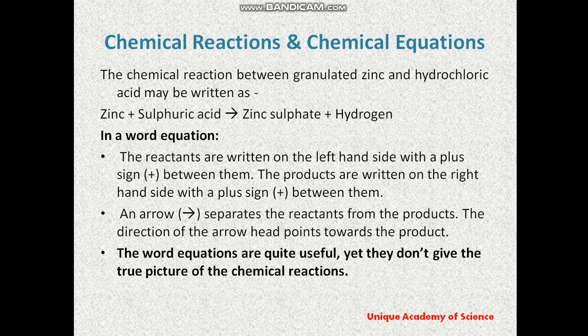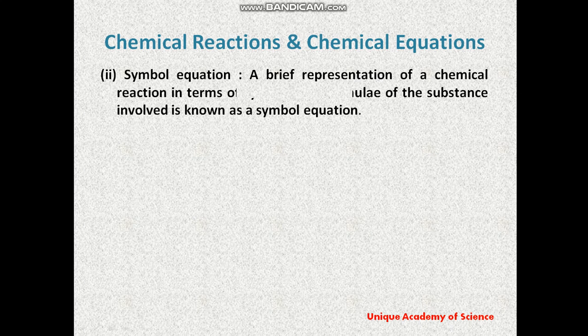Now in the word equation, we can see that it is only useful to give a summary of the chemical reaction, but not a picture of how the chemical reaction is performed. That cannot be described. So by the use of the second type, the symbol equation, we can solve this problem. In the symbol equation we write symbols and formulas of the substances involved in the reaction.